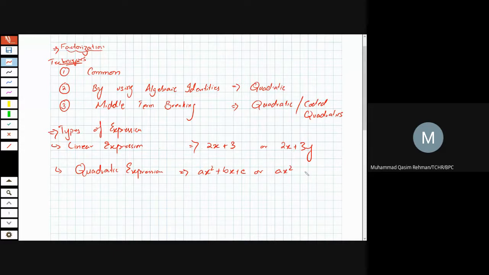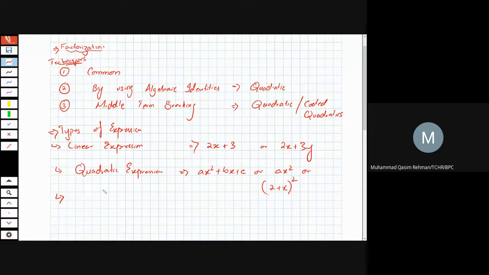This is also a quadratic expression, or a plus b, or something plus x whole square. Let me put it that way: 2 plus x whole square. Now all these are quadratic expressions. Why is this one a quadratic expression? Because when you expand this, you will have x squared inside it. So that makes this one a quadratic expression.